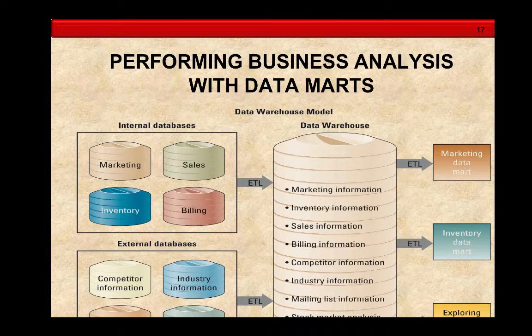So here you see a big giant data mart. Well, you see the nice pretty graphic. It looks totally different when you actually see the machines. But in the middle here we have a data warehouse, and this is for the data warehouse model.